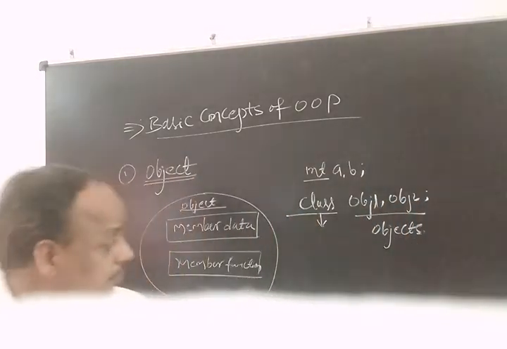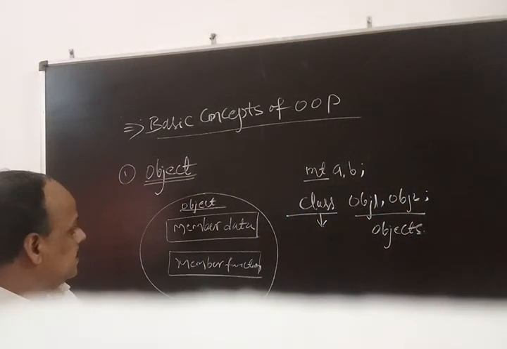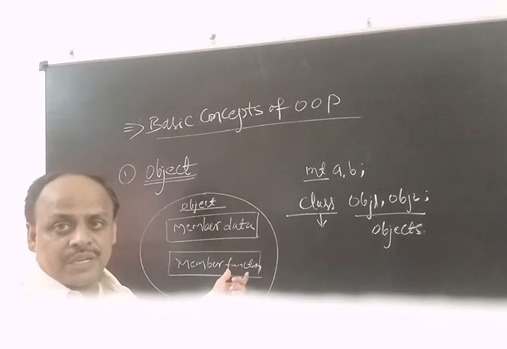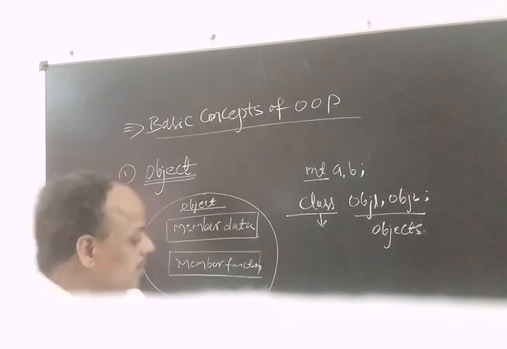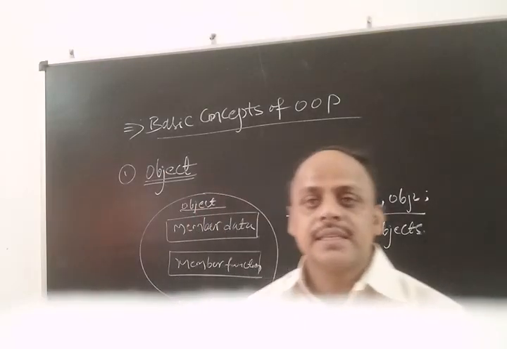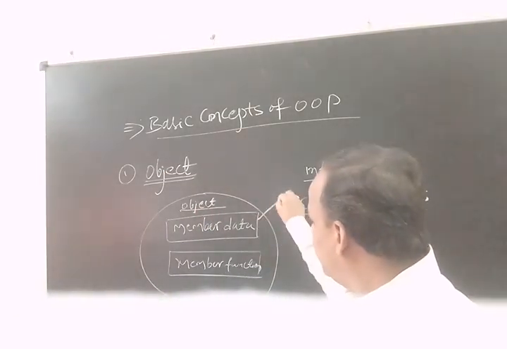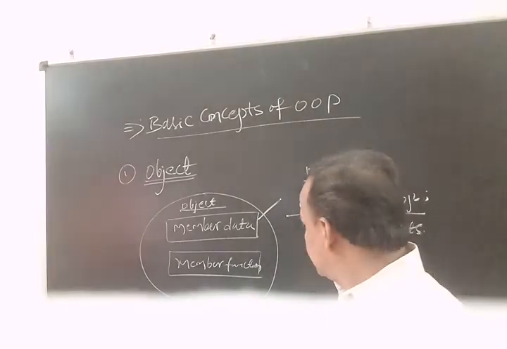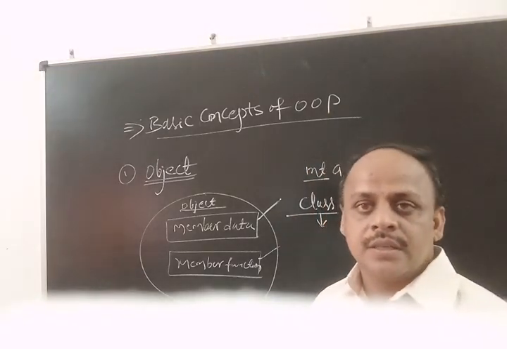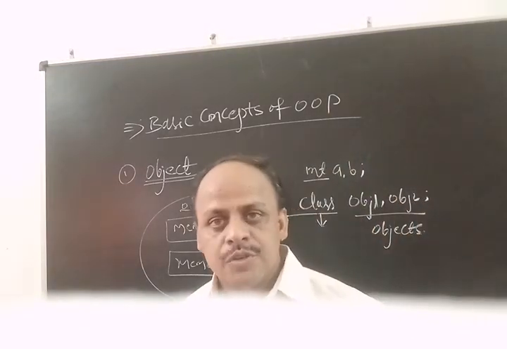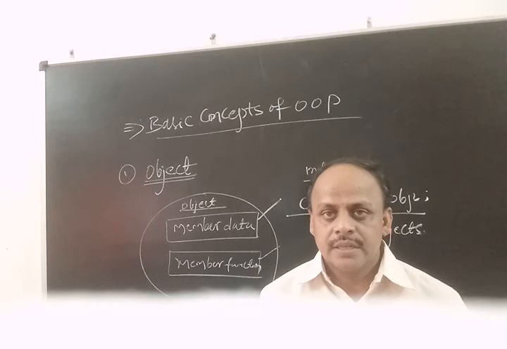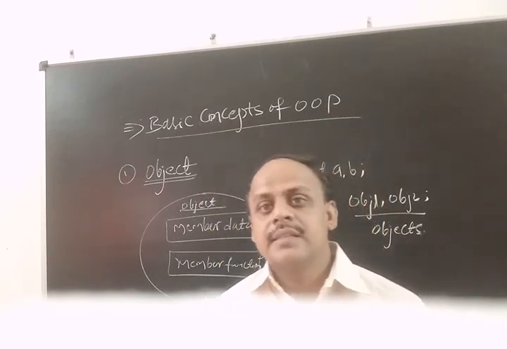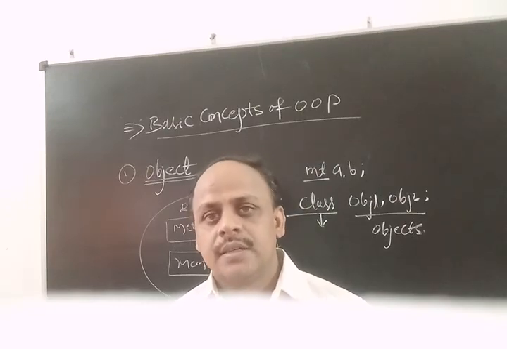And one more thing, an object has data as well as functions. Object data is considered as member data, and object functions are considered as member functions. It is very important for a one mark question: define an object. How can we define it? Class variables are considered as objects, right?